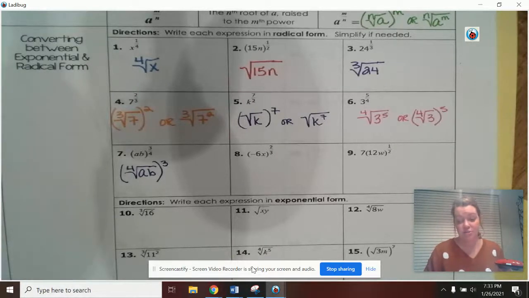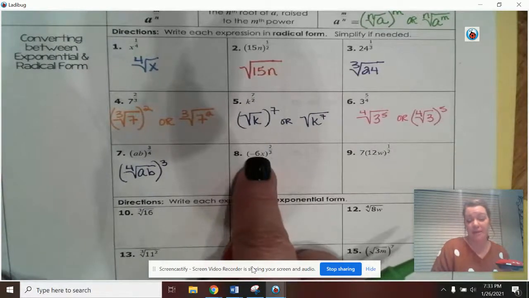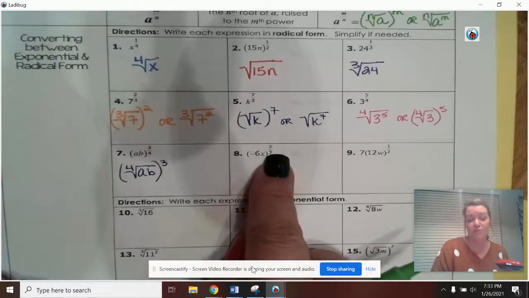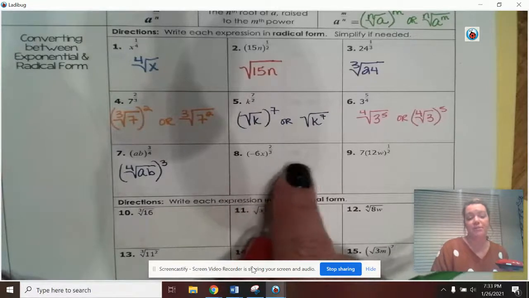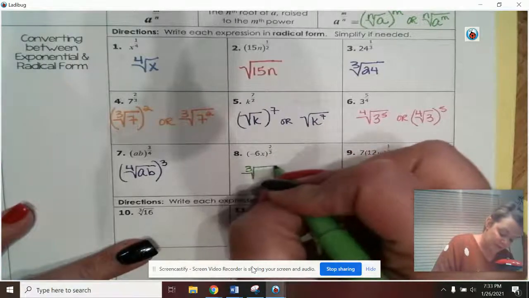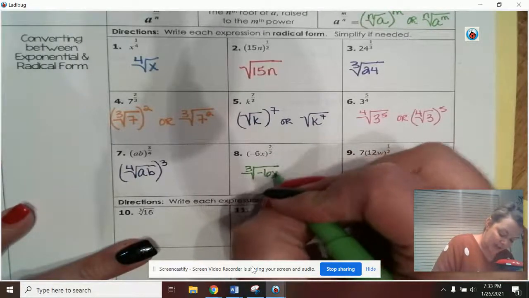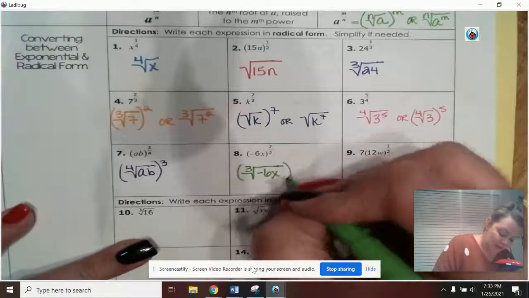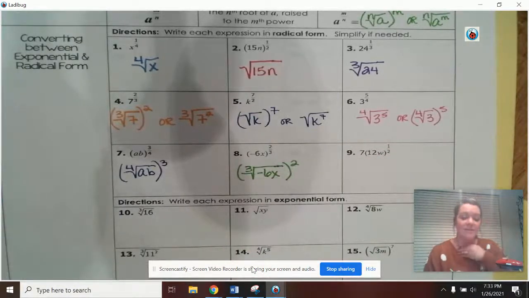Negative 6x to the 2/3. Again, I'm going to do this one kind of like I did the last one. Since there's multiple things happening underneath what's going to be my cube root, I'm going to use the parentheses and put my 2 on the outside. So this is the cube root, the number in the bottom is the root, of negative 6x. And then I'm going to raise the whole thing to the second.